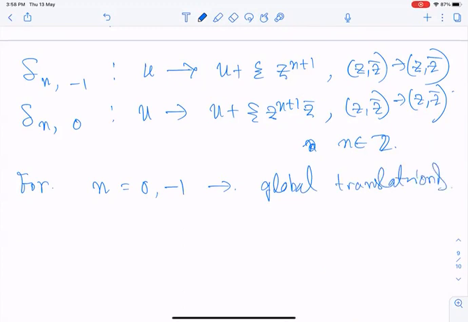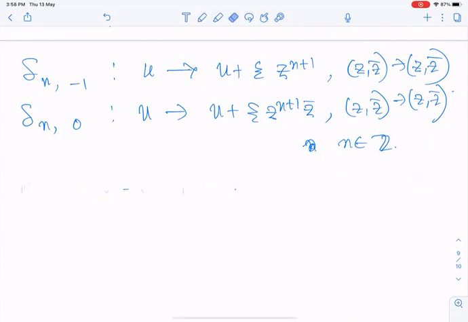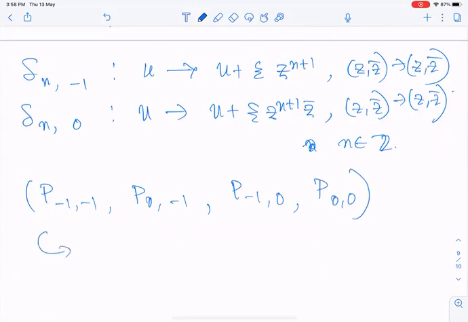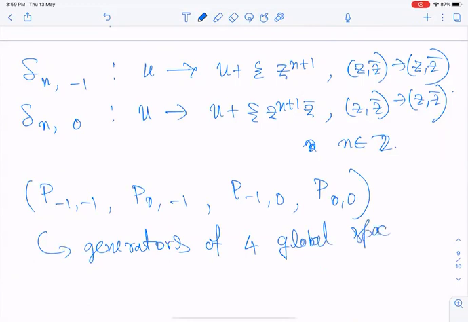Let me be more explicit here. The generators P minus 1 minus 1, P0 minus 1, P minus 1 comma 0, and P0 comma 0 are generators of four global space-time translations.